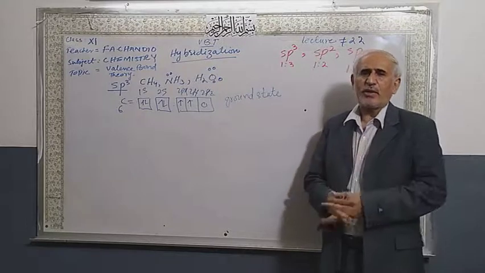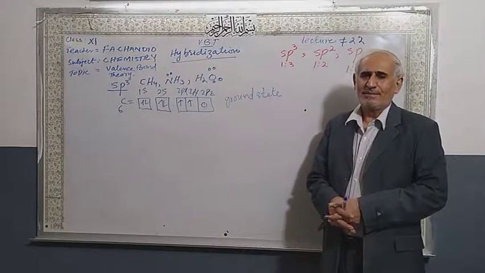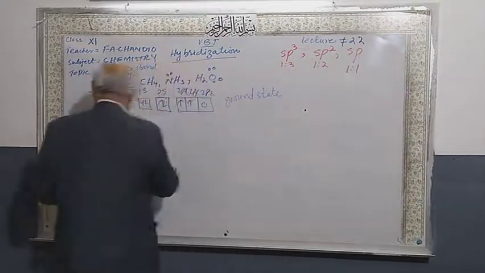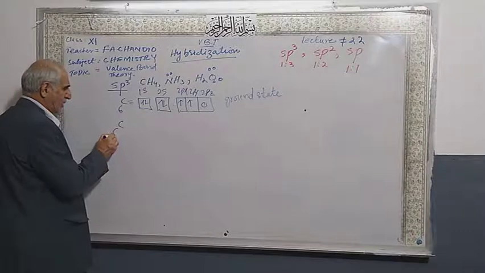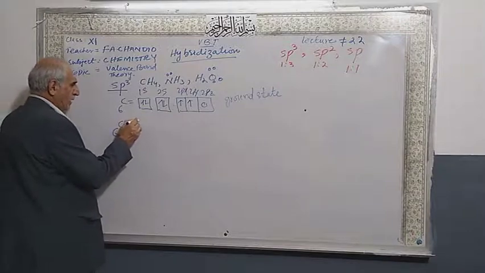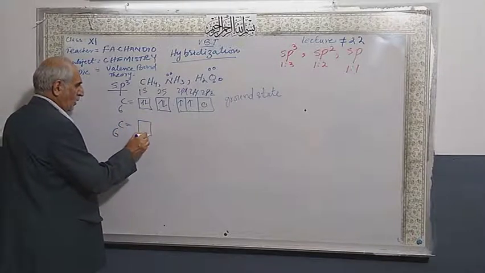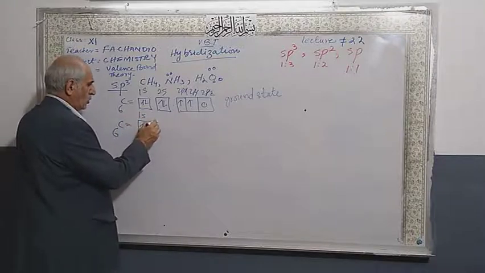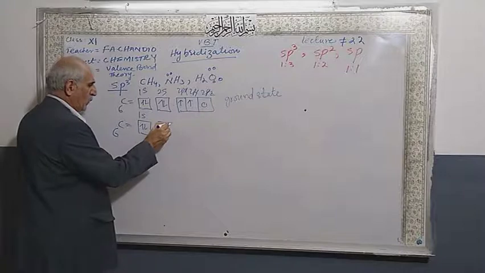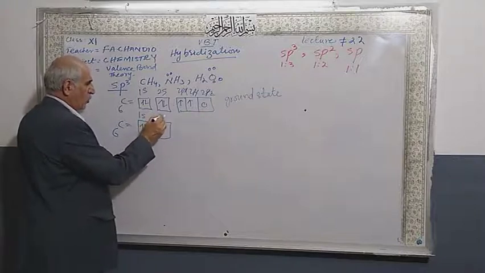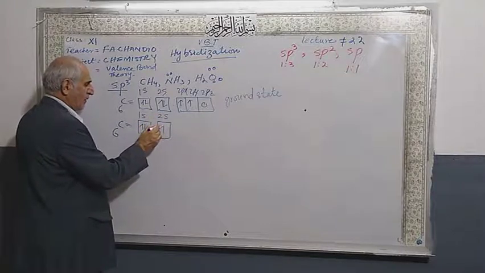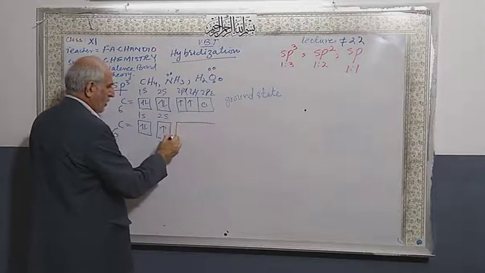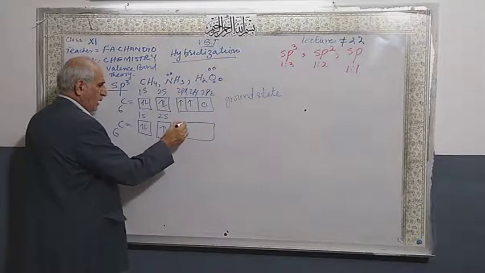So as I read from your book, there is a promotion of an electron. So this is carbon 6, second step. This is the same: 1s2, and there will be a promotion of an electron. From the 2s, one electron is promoted to the 2pz.